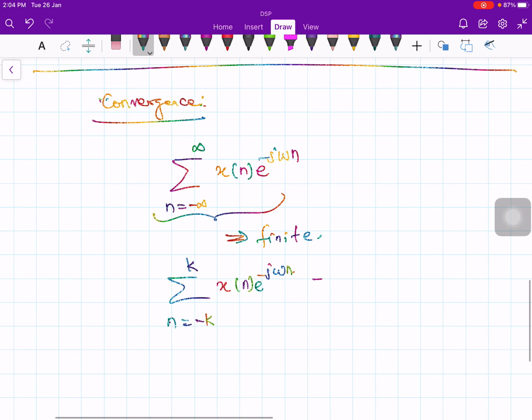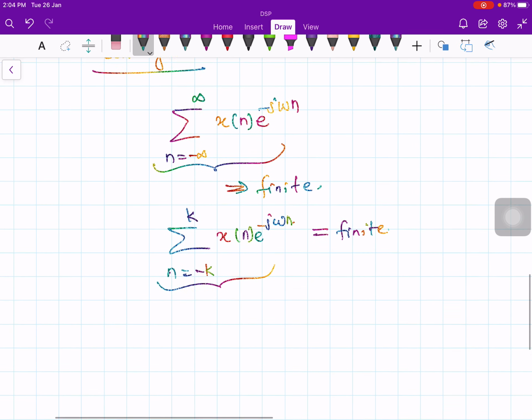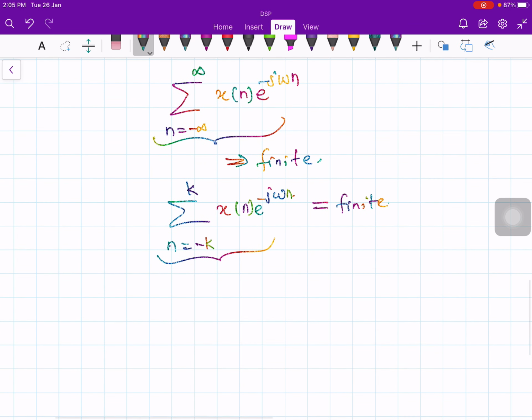And if this gives a finite value, then this summation will always converge. So what we do is we allow k to go to infinity. Therefore you get back this equation 1. Let me call this equation 1 and equation 2.